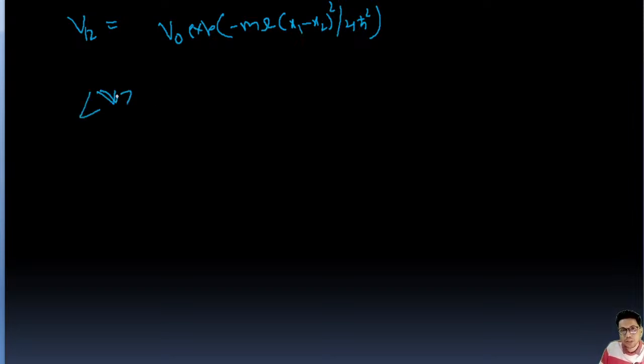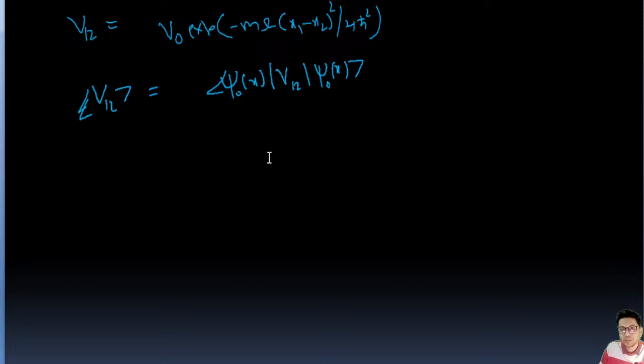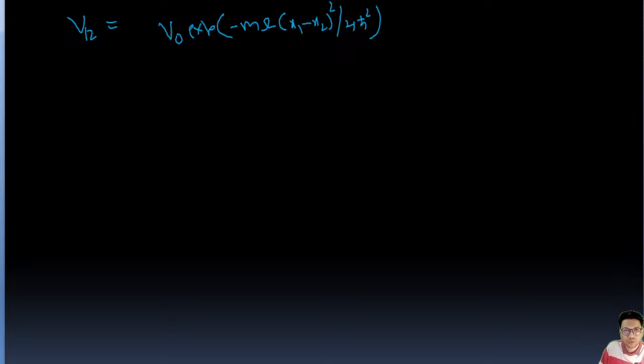One procedure for calculating this expectation, this average of V12, is that we have been given psi naught, so we compute psi naught star V12 psi naught. This is one way. But here we put in the values, and the integration is going to be a very tedious task, very tough. So we will not do it like that; it is going to be very lengthy. Instead, I will tell you what we are going to do.